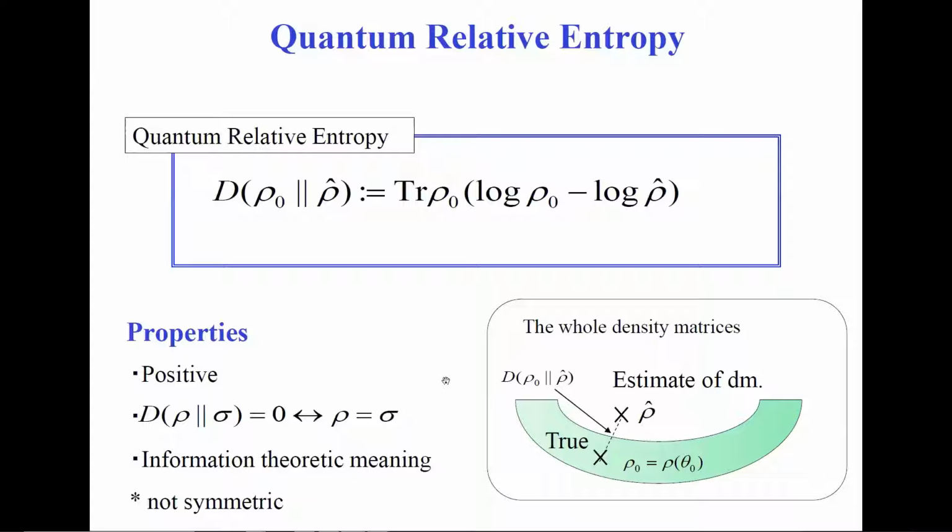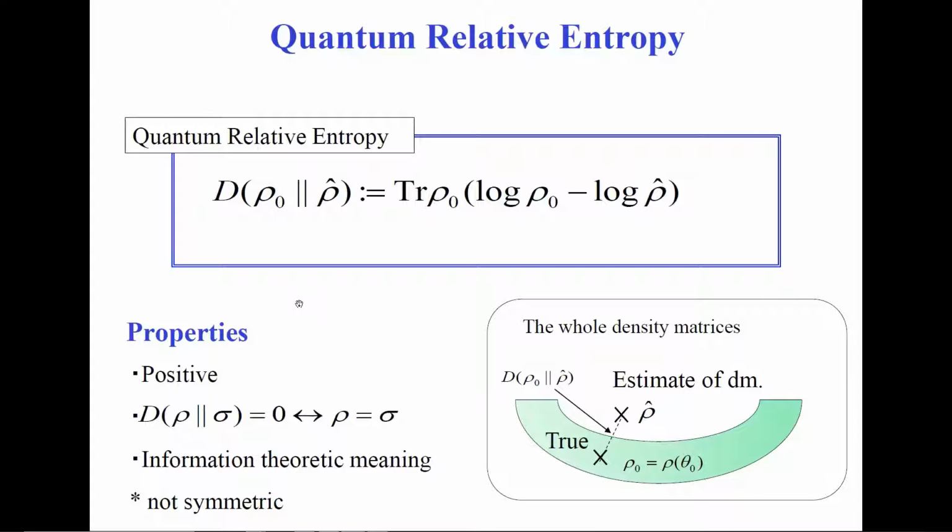Again, we have to define the closeness between two density matrices. And here we adopt the so-called quantum relative entropy, which is in a sense a quantum version of Kullback-Leibler divergence.